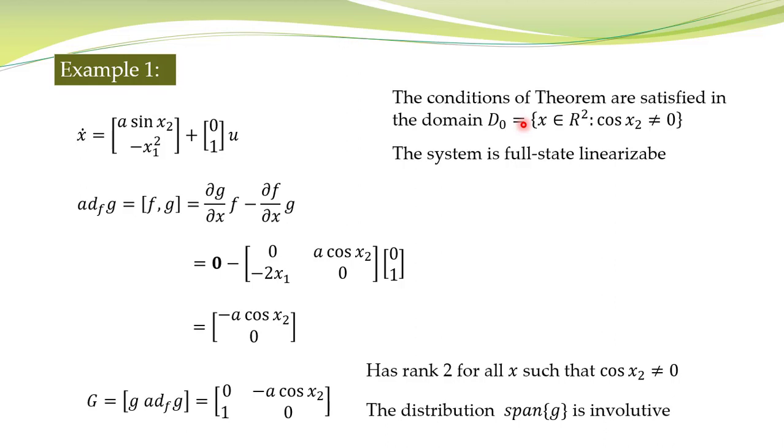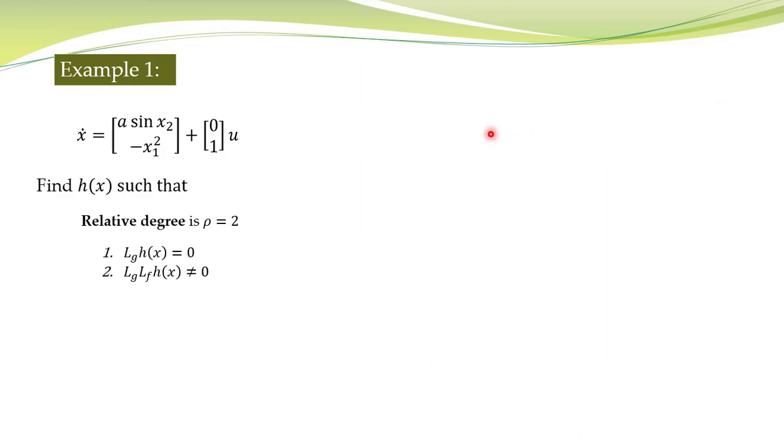The next question is how to find this particular h of x. That is from the definition of relative degree. We want to find an h of x. We know such an h of x exists for this system. That is demonstrated in the previous slide because the conditions of the theorem were satisfied.